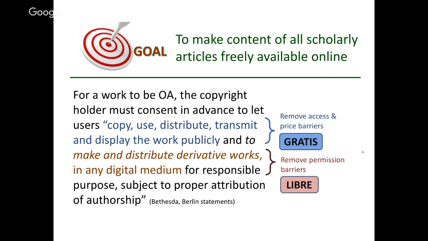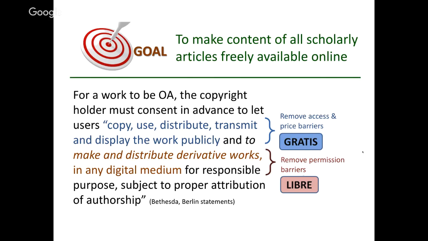You also need to let your users know how they can use your content, what they can and cannot do with it. So how do you achieve this? This is achieved by attaching a license to your work. The copyright owner, which could be the author or in some cases the journal publisher, attaches a license to the work, which tells the user what they can or cannot do with the work. And this, in effect, removes the permission barrier.